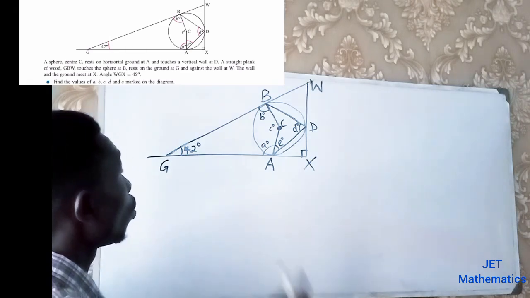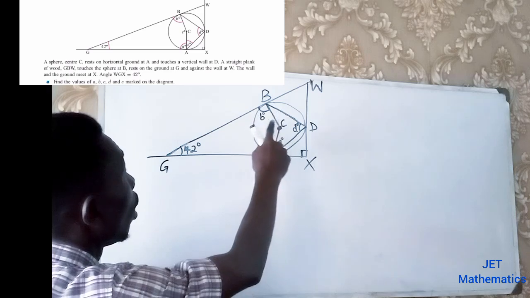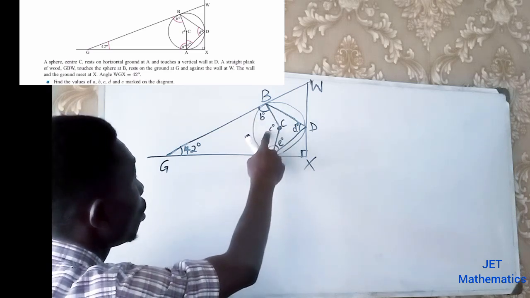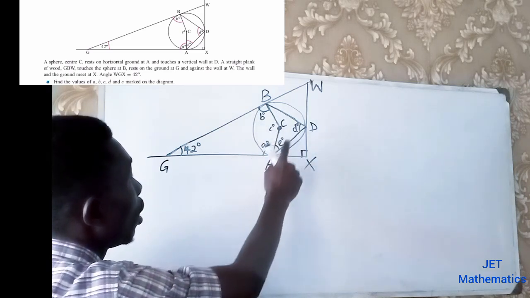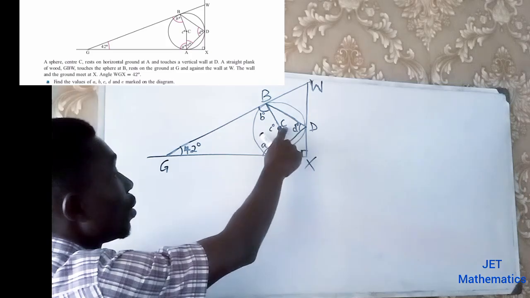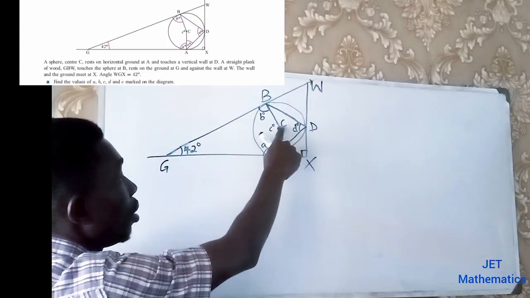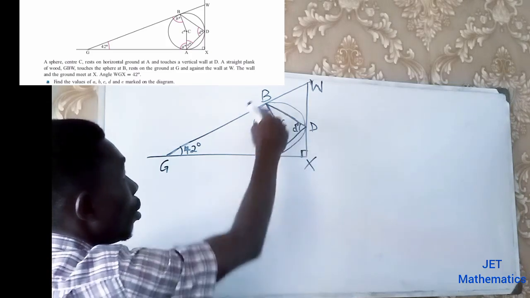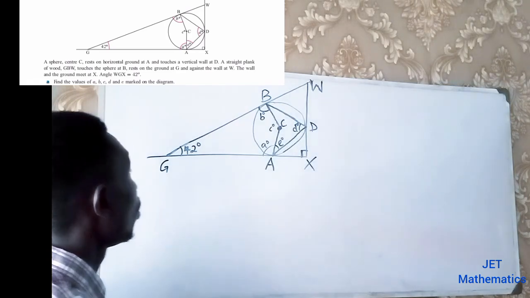We have been asked to look for angle A, angle B, angle C, angle D, and angle E. But remember, C is the center of the circle.